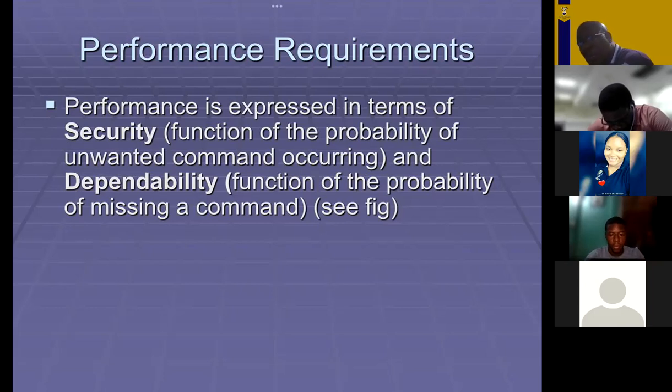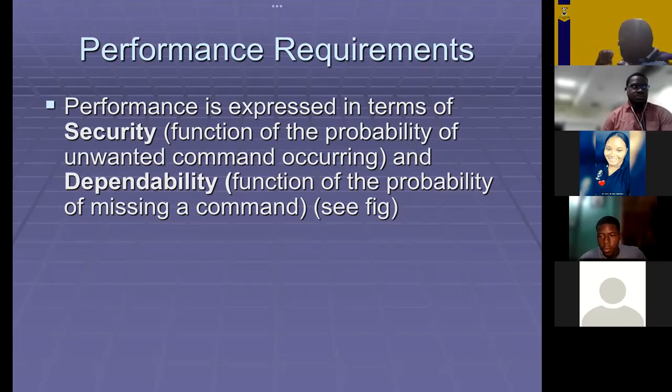Now, immediately this should tell you that where security is concerned, since we're talking about an unwanted command occurring, that is going to impact more of our trip schemes, whether permissive or direct or inter-tripping. And then dependability is going to be of greater importance to your blocking schemes.